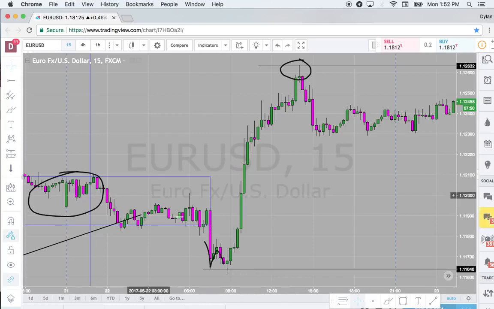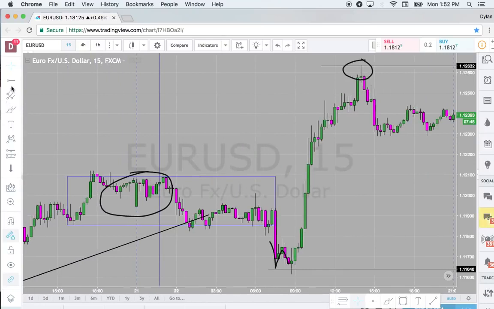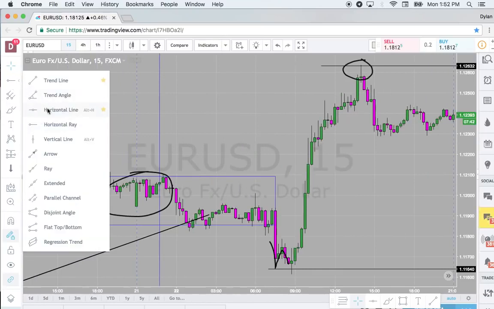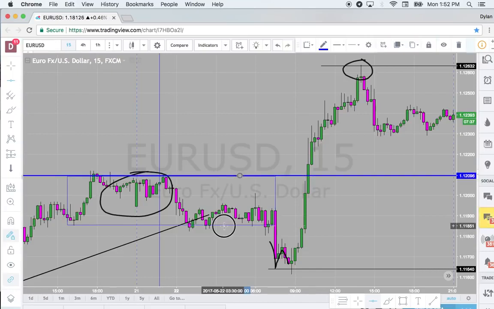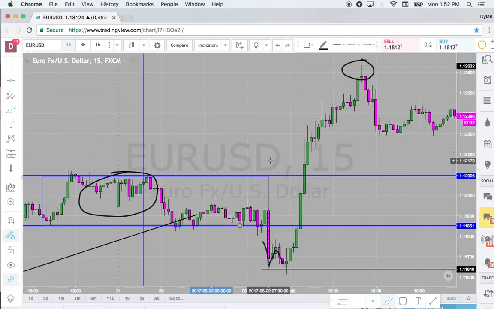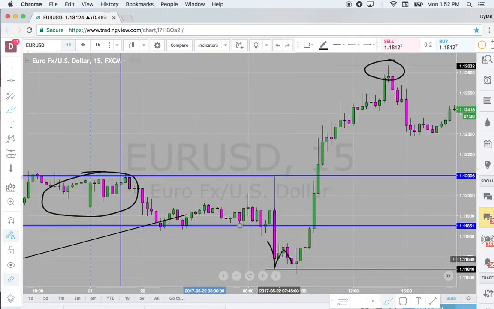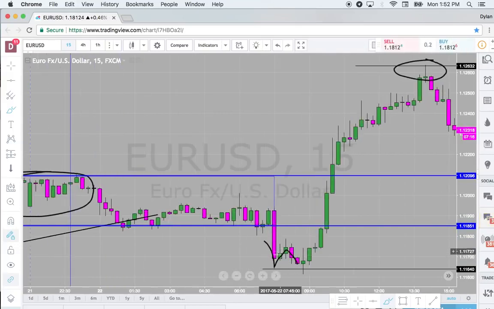What does this do? What can we understand about this? Well, if we were retail traders, which we are, but we're not stupid, if we were trading breakouts, we would have sold this. This is a valid sell for a retail trader that trades breakouts. This is a channel here, and we can see that price broke out of this channel and closed outside of it.